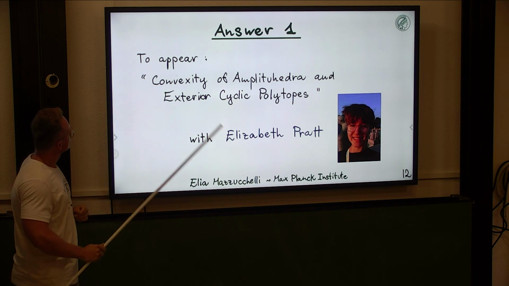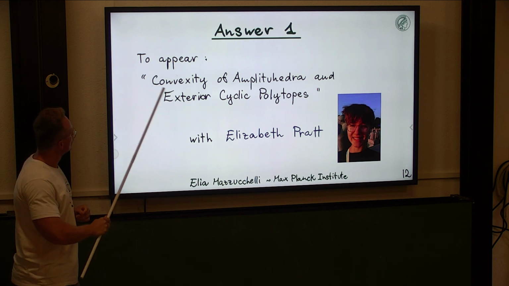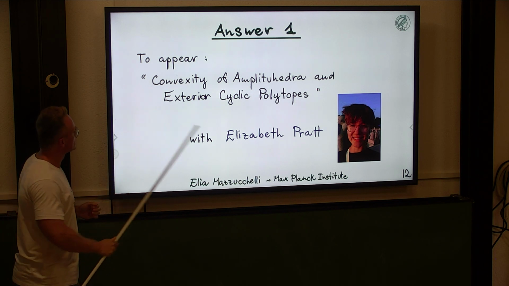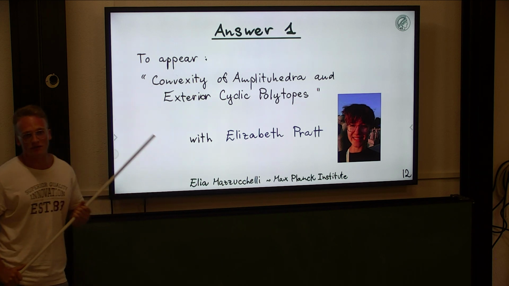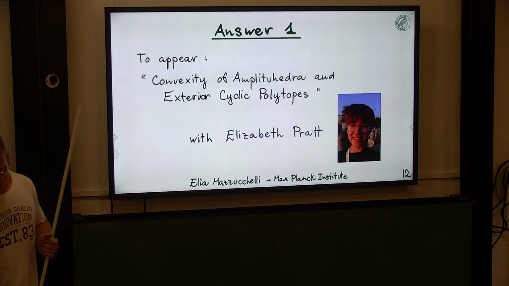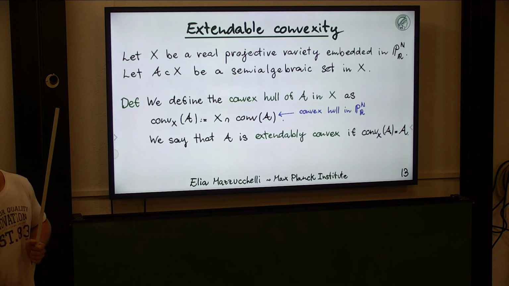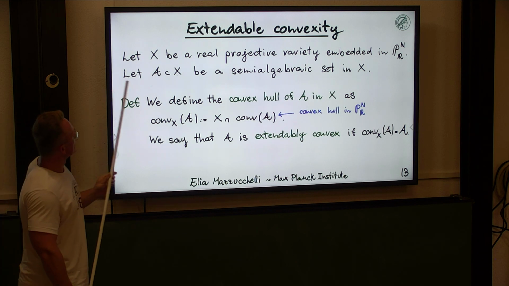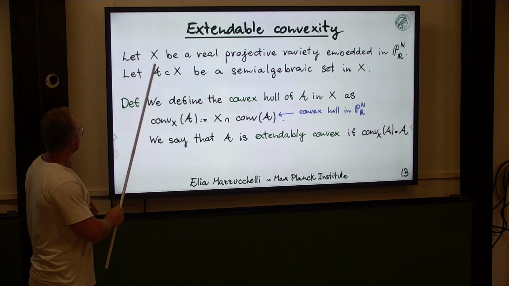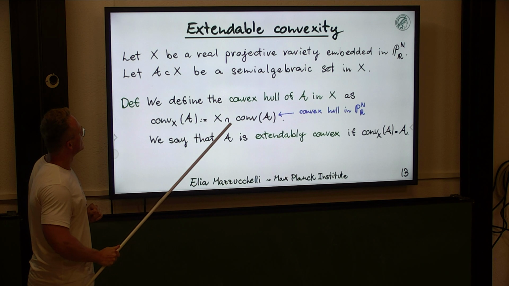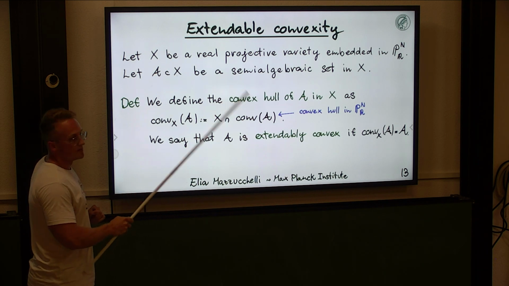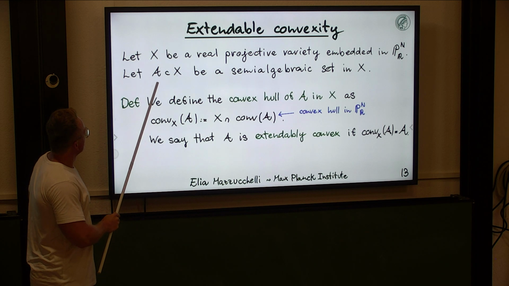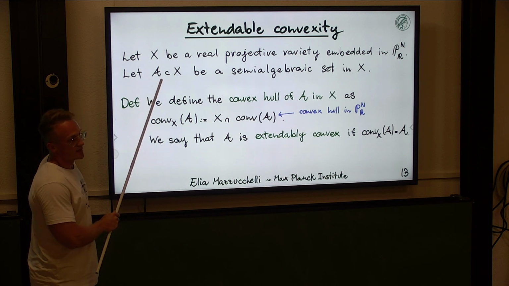So we worked on a notion of convexity for amplituhedra, and this led us to study some polytopes, which we called exterior cyclic polytopes. The notion of convexity we consider is very naive in some sense. We take a real projective variety embedded in a real projective space, and we take a semi-algebraic set inside the variety.